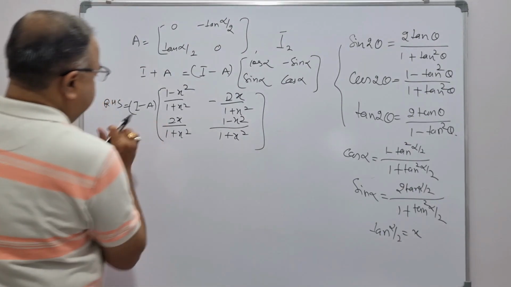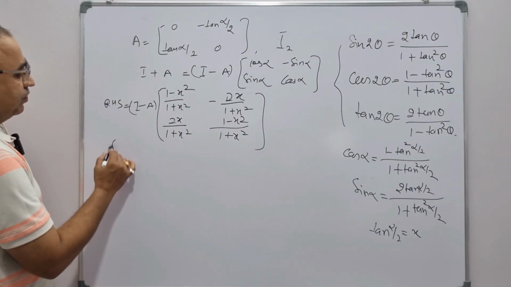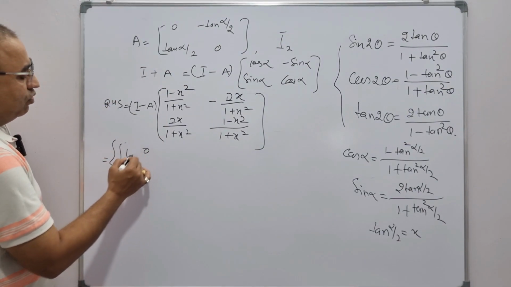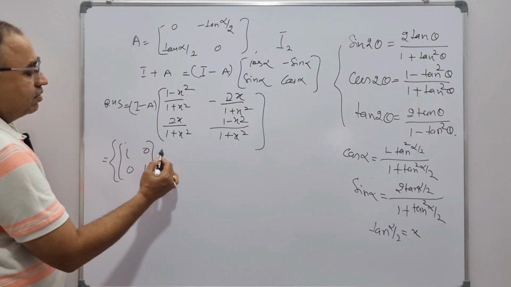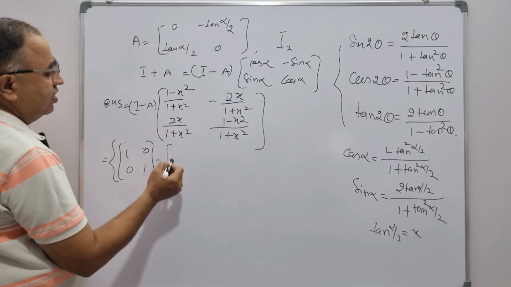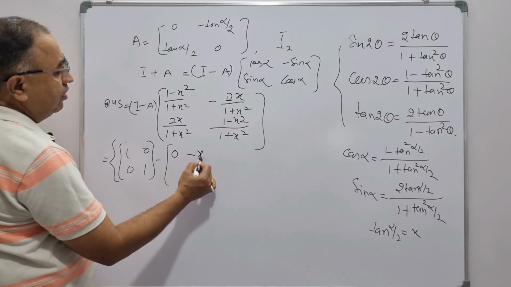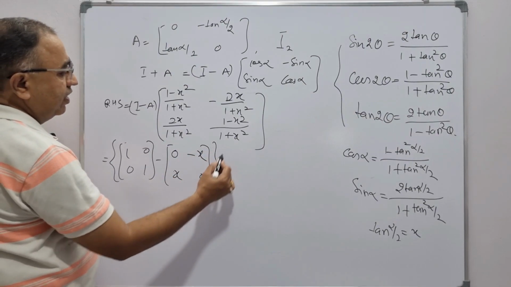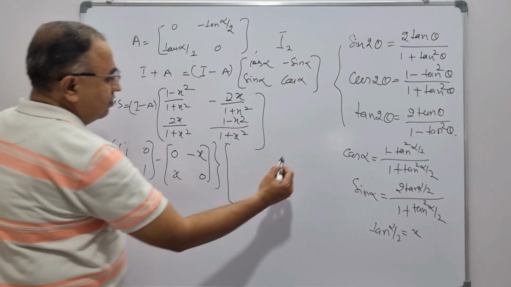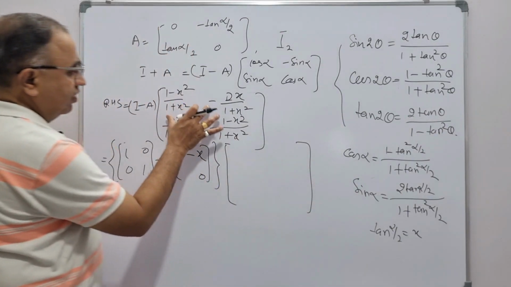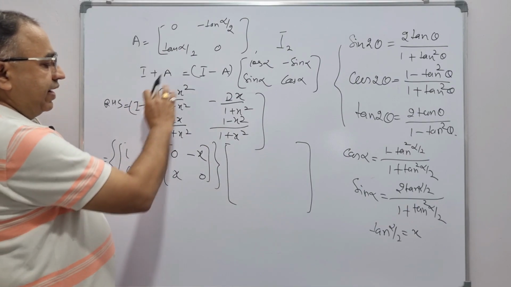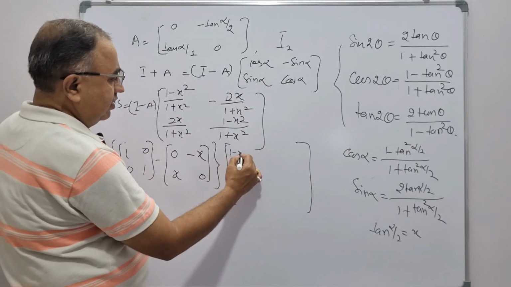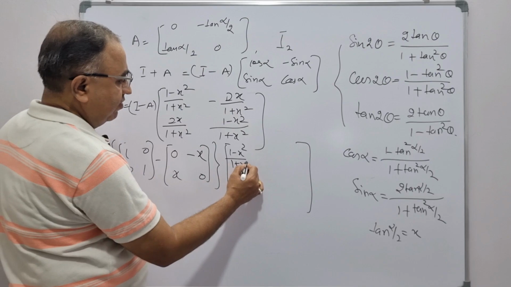As a result, now what is I minus A here? I means 1, 0, 0, 1, minus A, which means 0, minus tan alpha by 2 means minus x, tan alpha by 2 means x, and 0. This matrix remains the same as it is. From the entire of this matrix, what you can write here again? 1 minus x square upon 1 plus x square.